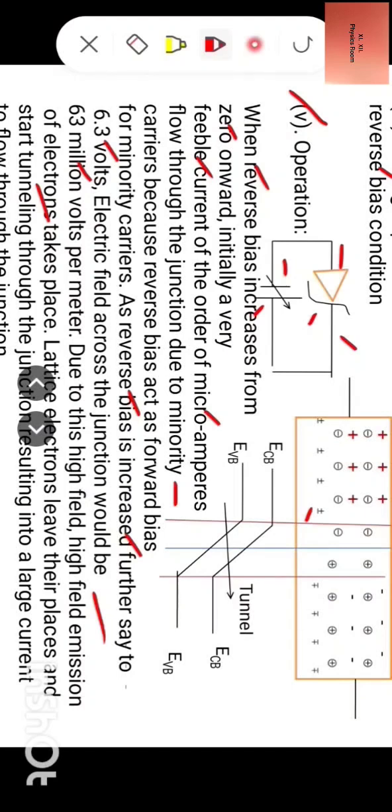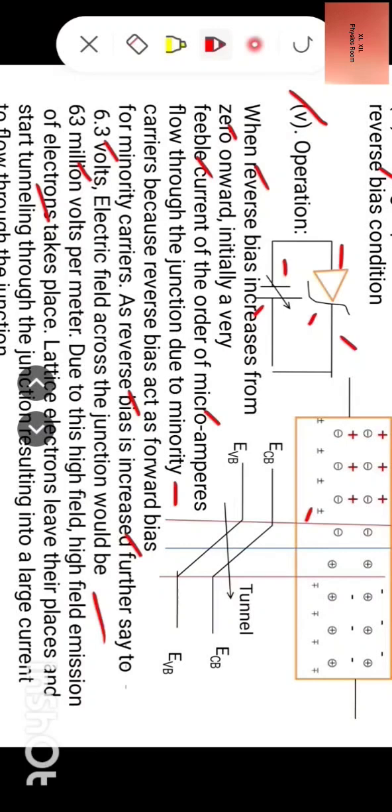I repeat, when reverse bias increases from 0 onward, initially a very feeble current of the order of microamperes flow through the junction due to minority carriers, because reverse bias acts as forward bias for minority carriers.